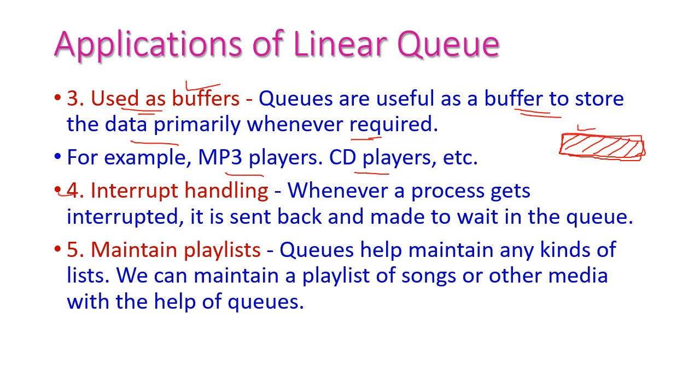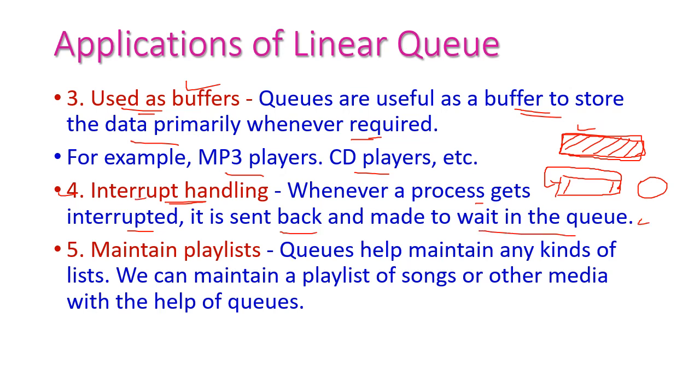And the fourth one is interrupt handling. This is a very important application of queue. Whenever a process gets interrupted, for example, the CPU is here and the processes are waiting in the queue, and when it gets interrupted, the process will go back to the queue again, sent back and made to wait in the queue, right?